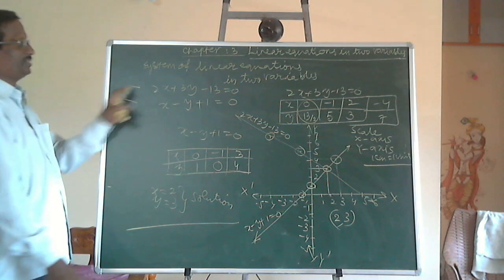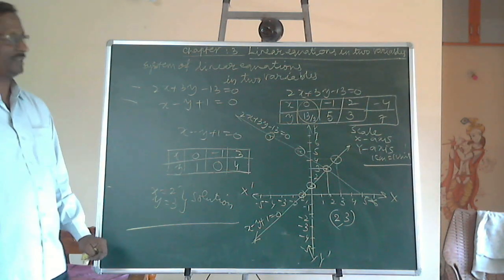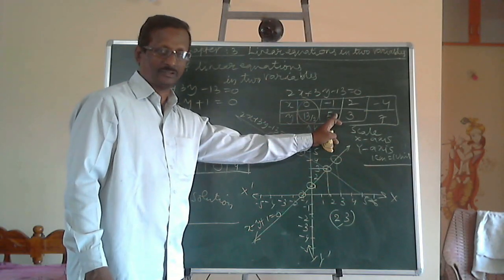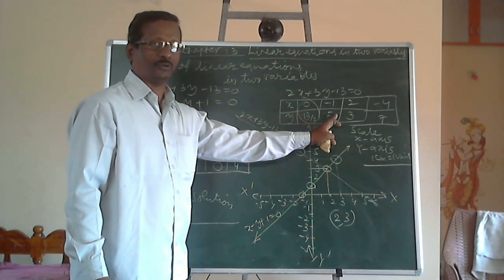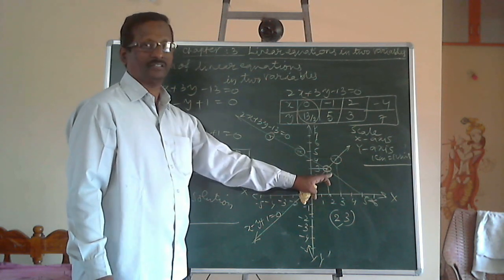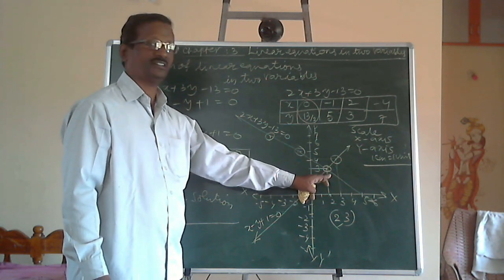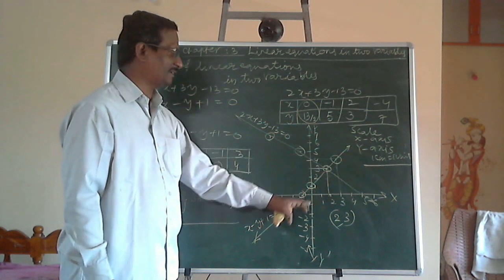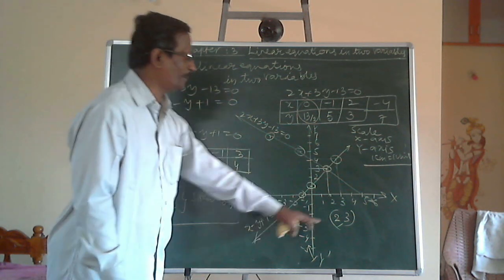The common solution is the solution of the system, the x coordinate and y coordinate together from the graph, that is the point of intersection or common point of the 2 straight lines. This is (2, 3).